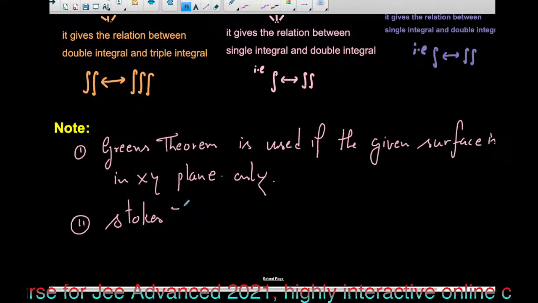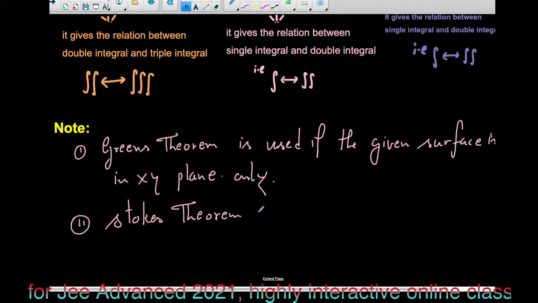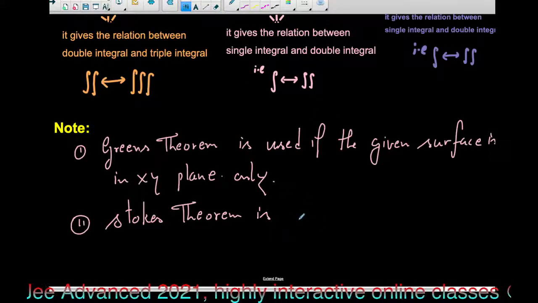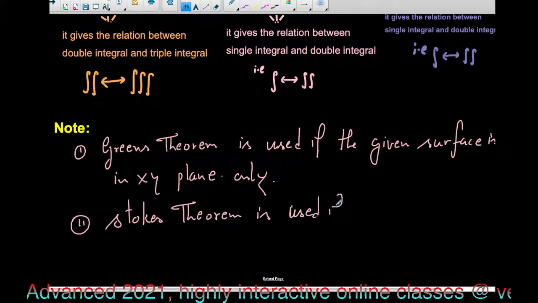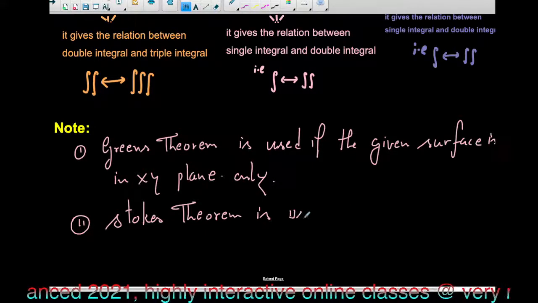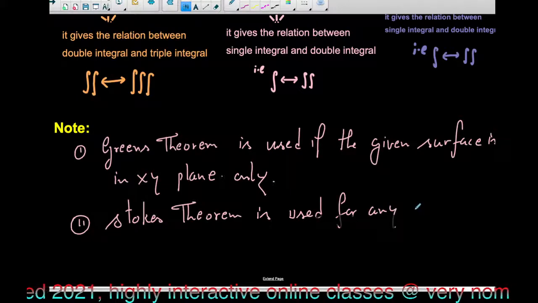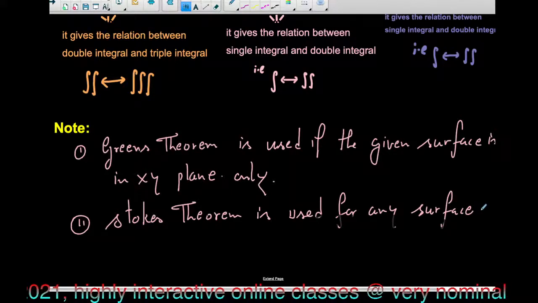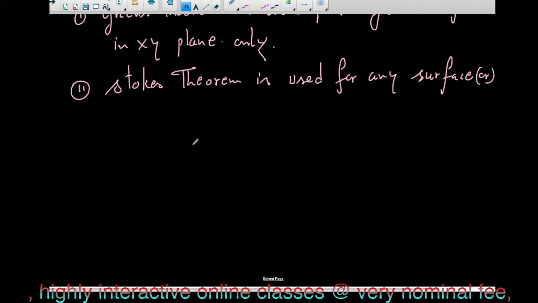Stokes theorem. Later on, we'll discuss in detail both Green's theorem and Stokes theorem, but what we are planning now is just to make the foundation. So Stokes theorem is used for any surface, meaning any plane.